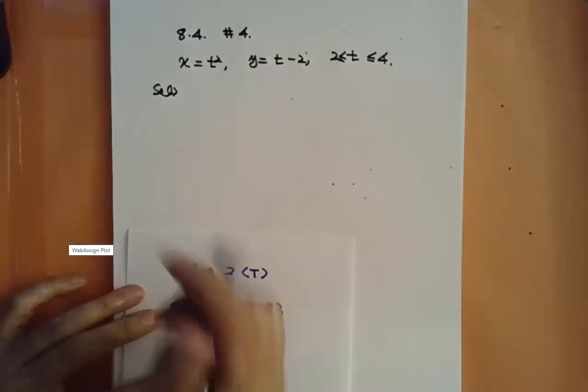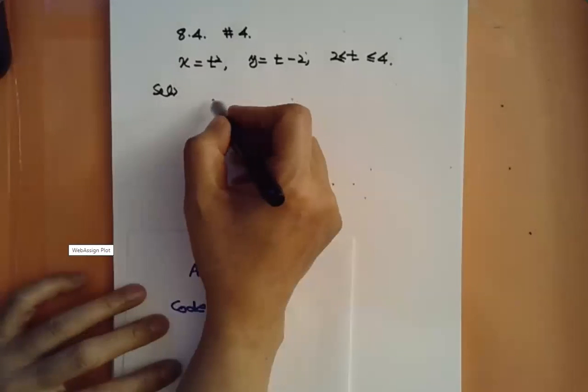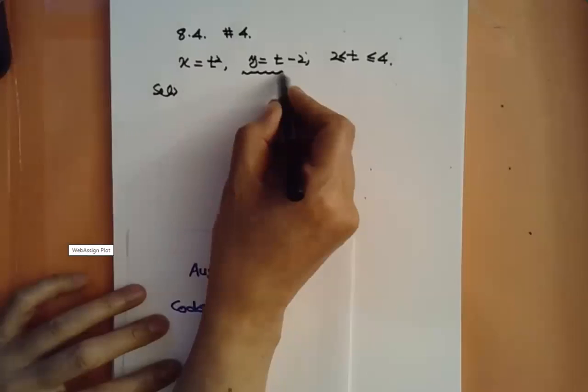We have to eliminate t from the equations when we combine x and y. So we use this one because that is easier.